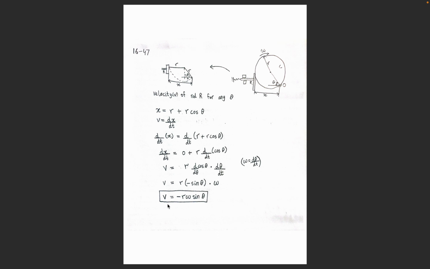So this value depends on the angle, as R and omega are constant, because the angular velocity in the question was said to be constant, R is also constant, and sine theta will depend on the angle. There is a minus sign with it because the angular velocity is in the clockwise direction.